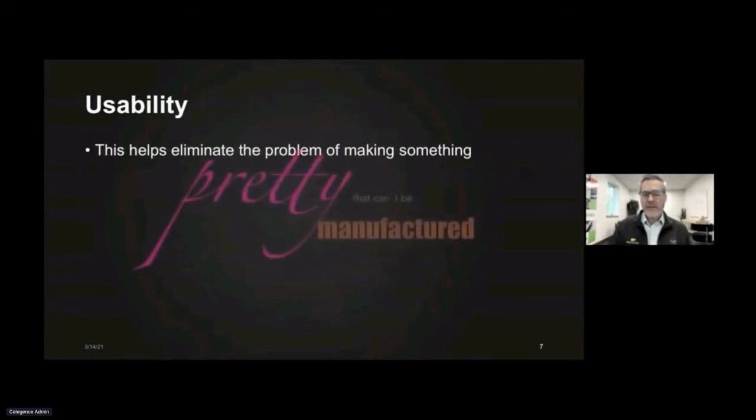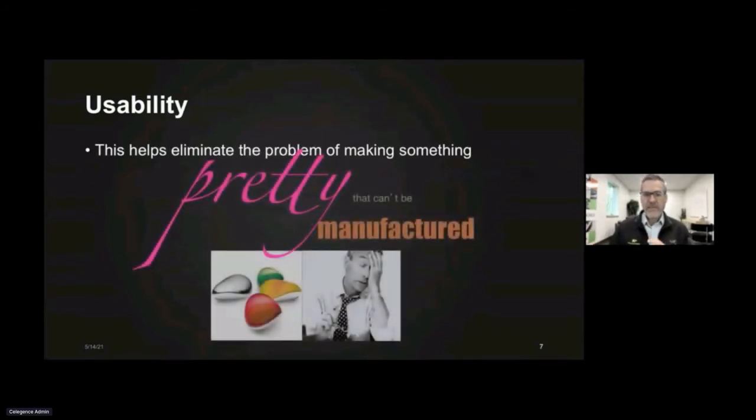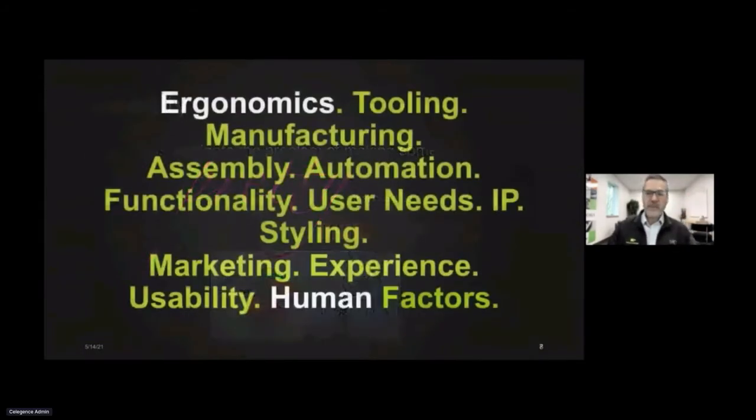And that's important, because it helps eliminate the problem of a designer making something that's pretty, but it can't be manufactured, and it leads to a huge headache, or it can't be used effectively by the user. And that, of course, leads to failures out in the marketplace, which is what human factors engineering is all about, avoiding those kinds of failures that are based on usability. So we want to avoid those things.